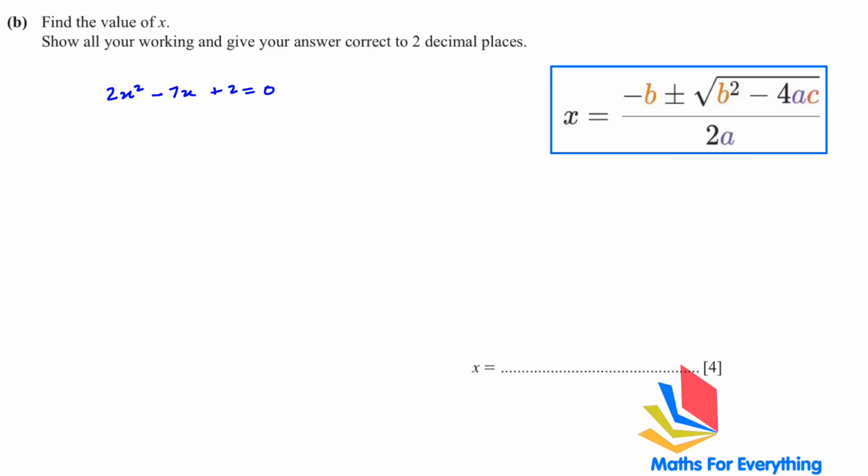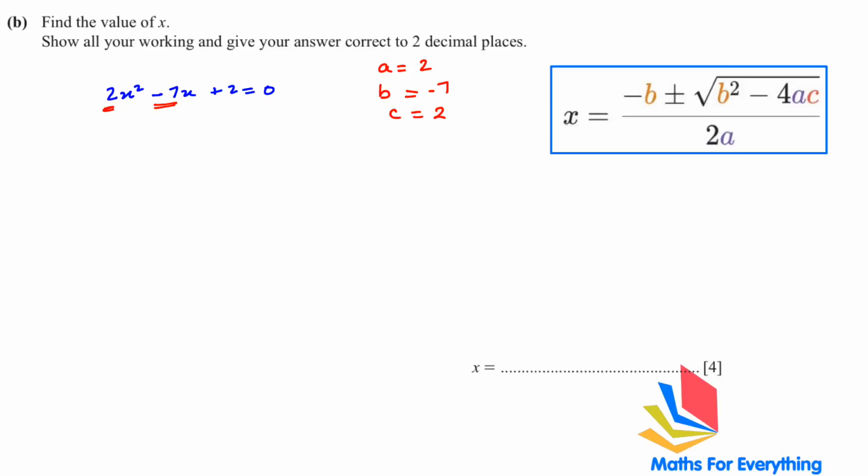So what is our a, b, and c? Let's write them down. A is the number before x square, which is 2. B is the coefficient of x, which is negative 7. And c is the constant. Now that we have the numbers, we just have to replace it in this formula.